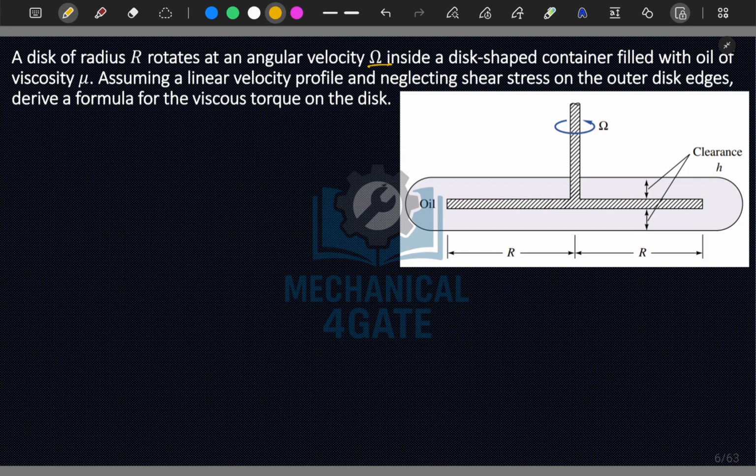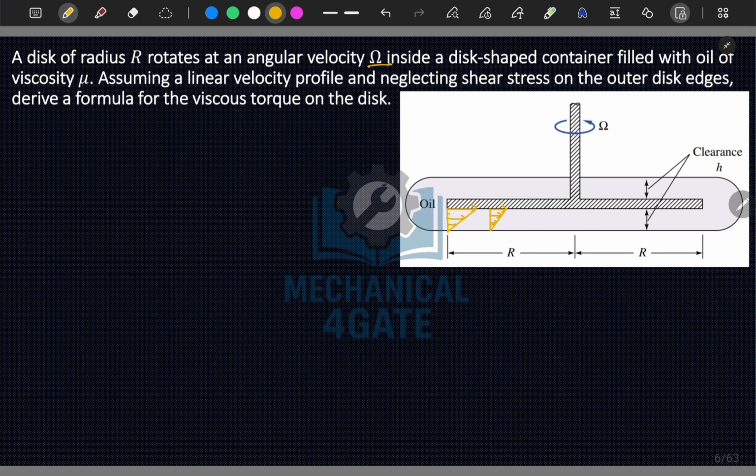Okay, so let's see what will happen. If this disk is rotating, a velocity profile will be formed. Velocity at the center is 0, and as we move further from the center, the velocity becomes larger.